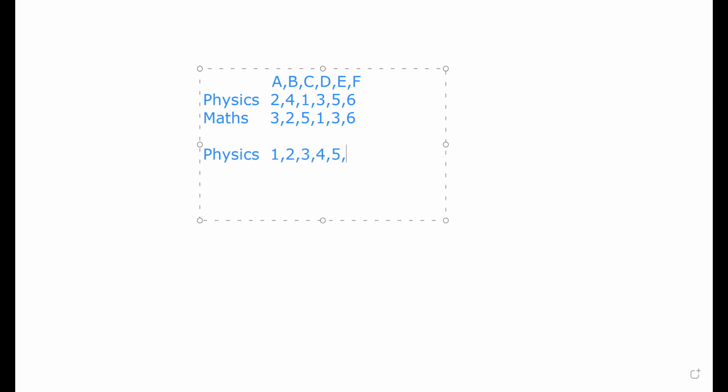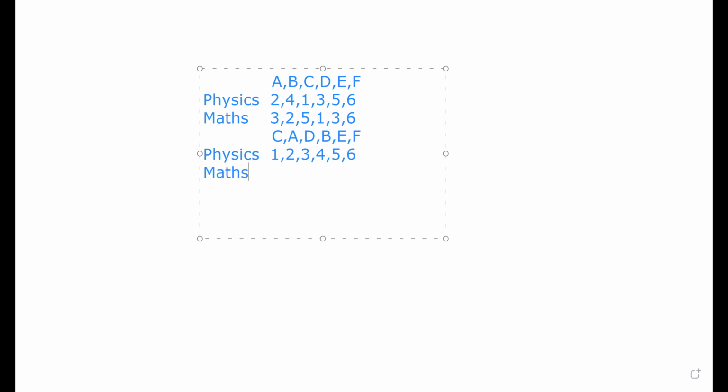Now in what order of students? Tell me the student names: C, A, D, B, E, F. Now what would be the mathematics ranks? 5, 3, 1, 2, 3, 6. Correct, no?